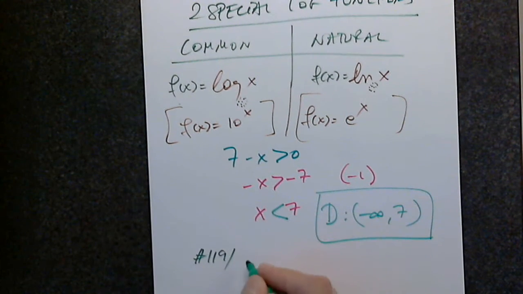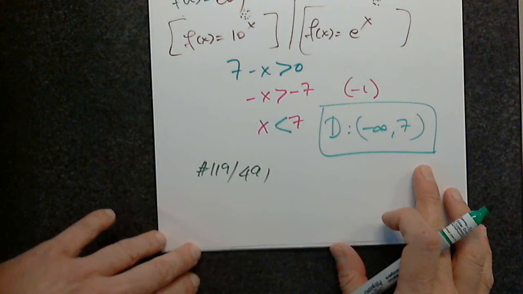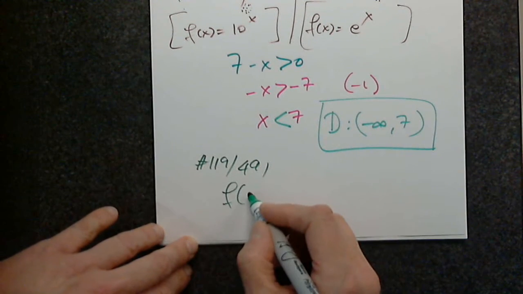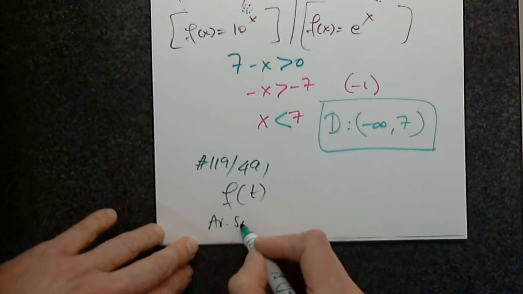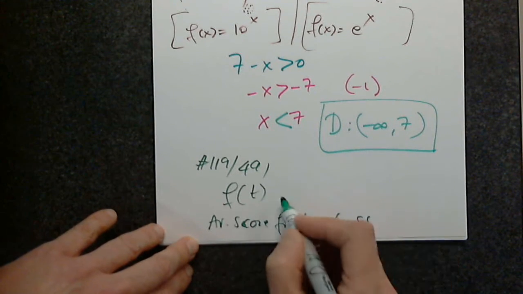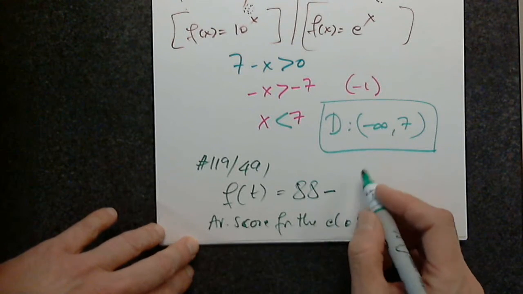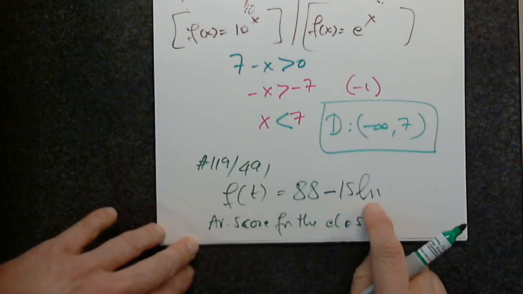119 on page 491. It's about students in a psychology class who took a final exam. As part of an experiment to see how much of the course content they remembered over time, they took equivalent forms of the exam in monthly intervals thereafter. Okay, so the average score for the class, f of t, is given by 88 minus 15 times, what does ln mean?